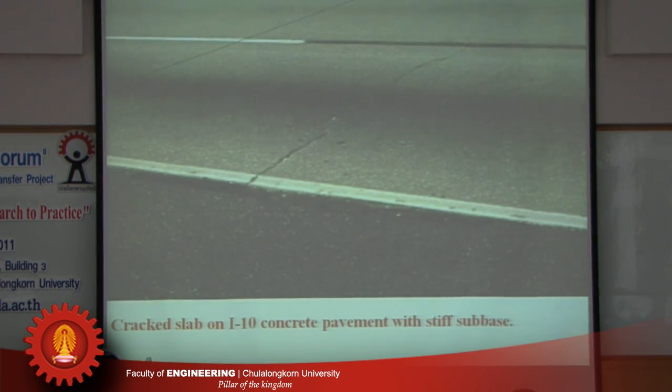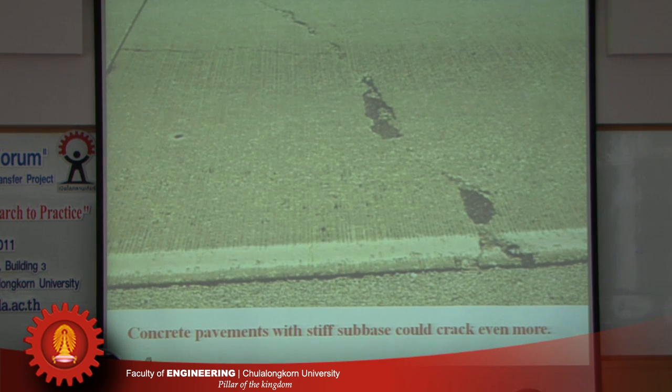And this matches our observed performance. A concrete pavement with a stiff subbase was found to have cracked, and a concrete pavement with a stiff subbase could crack even more.